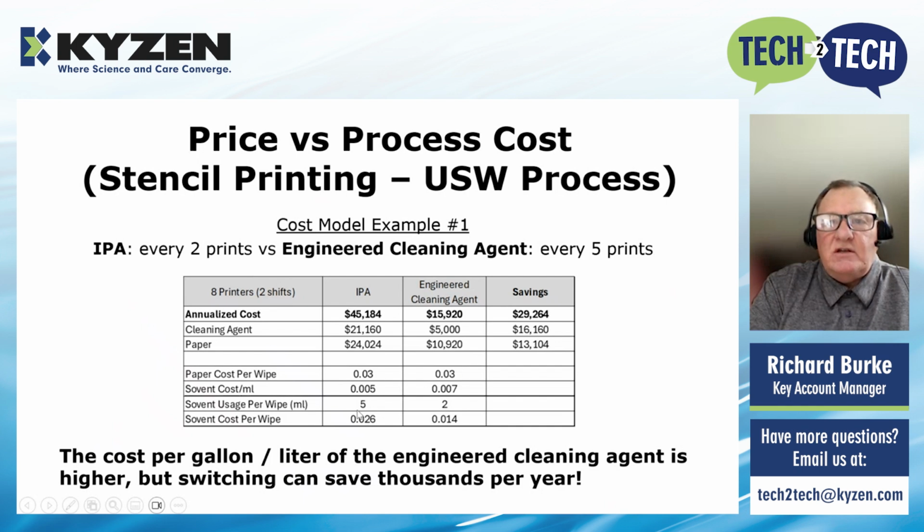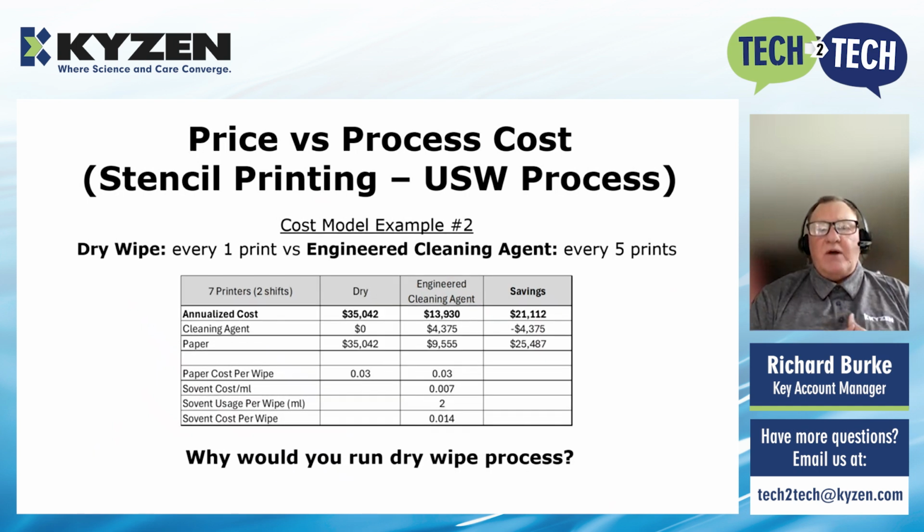This, coupled with the fact that you're wiping after every 2nd print as compared to every 5th print, is what's really driving these cost differences, from the solvent to the engineered cleaning chemistry, and on the paper side. So again, cost per liter or gallon is not the only thing we should be looking at. In fact, it doesn't have as big an impact as the other parameters. So let's look at a dry wipe for a second.